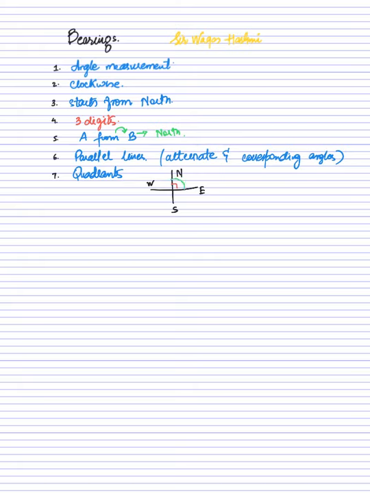From north to south you have covered 180 degrees. From north to west you have covered 270 degrees, and if you are moving from north to north, you have covered 360 degrees. I've written all the angles with color coding: 90 degrees, 180 green, 270 yellow, and black is 360.